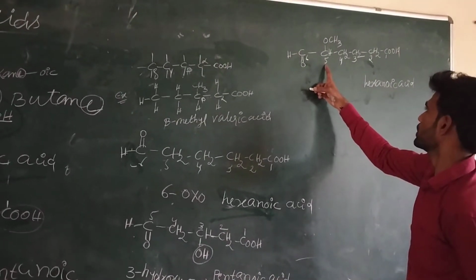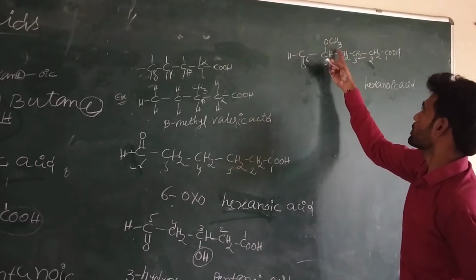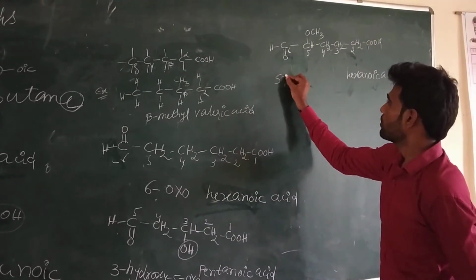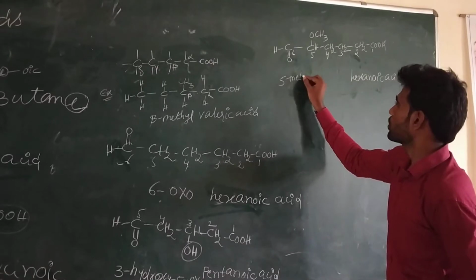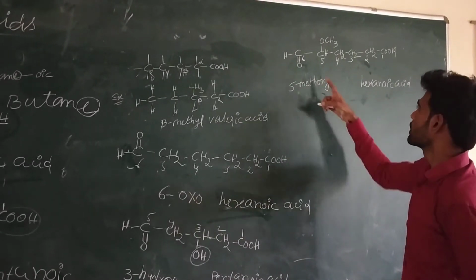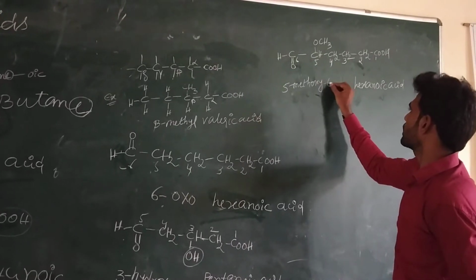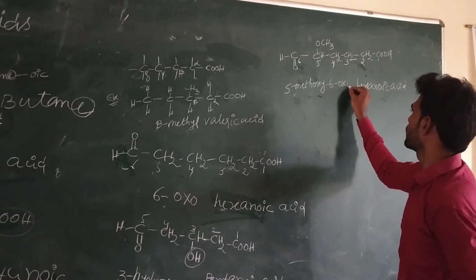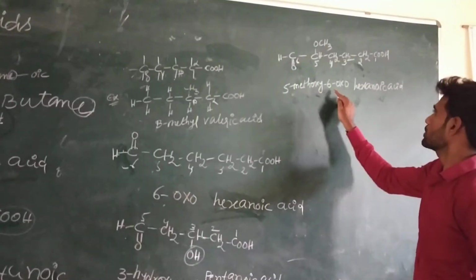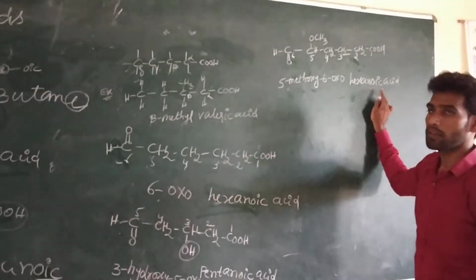The name of the substituent group at the 6th position is methoxy. 5-methoxy, 6-oxo-hexanoic acid.